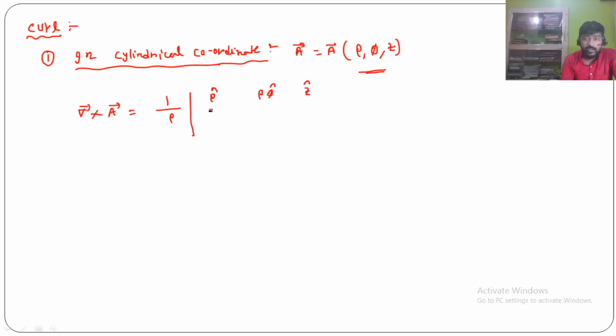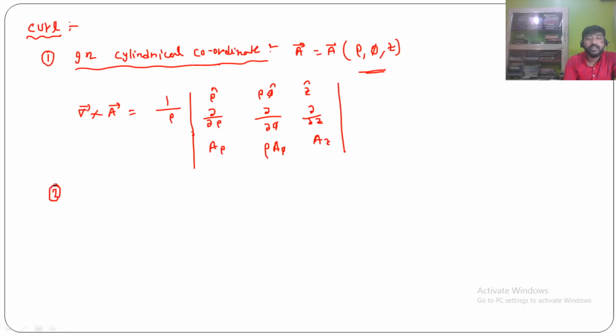Instead of this you have to write here del del rho, del del phi and del del z, and now the components of the vector, that is A rho, and here rho A phi, and here A z. So this will be the expression of curl in cylindrical coordinate.